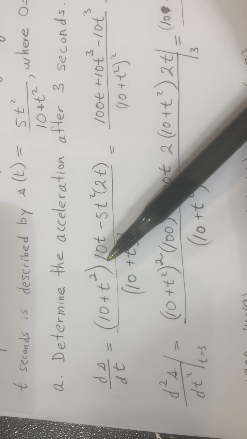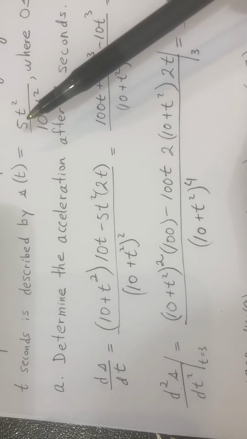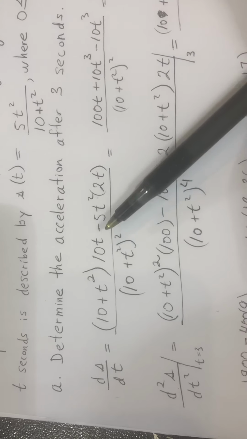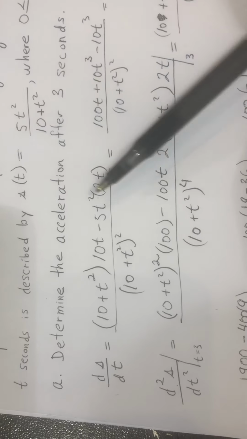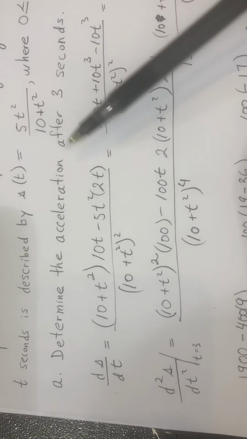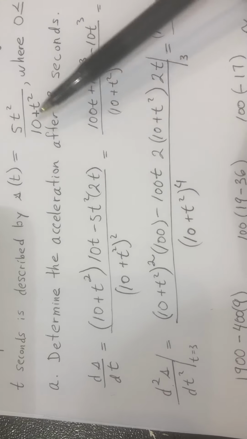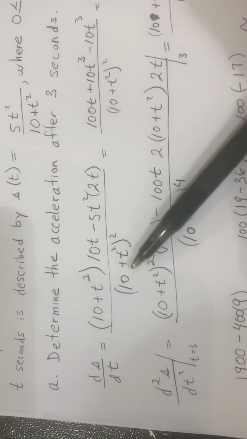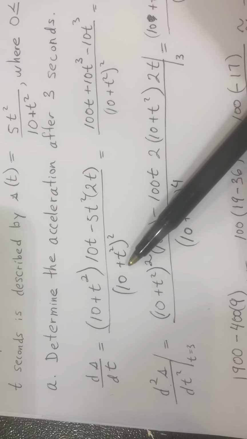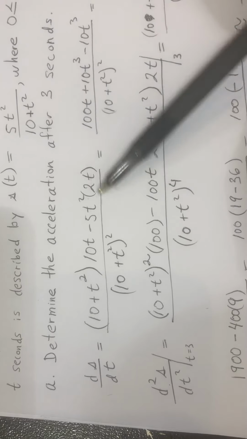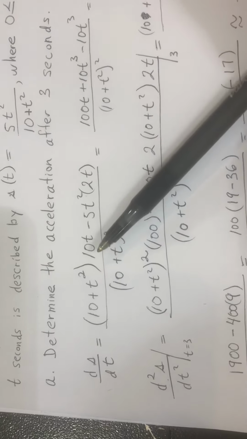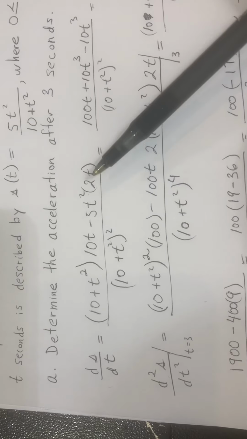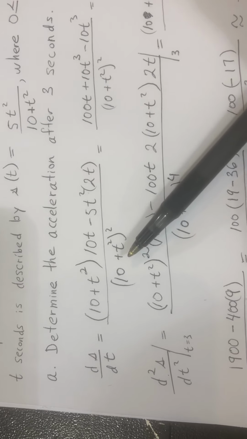D high, meaning the derivative of the upstairs, which is 10t, minus high, so minus the numerator. D low, the derivative of the denominator, which is 2t, over the square of what's below. It rhymes. So over the square of the denominator. Let me say the mnemonic faster: low d high minus high d low over the square of what's below.